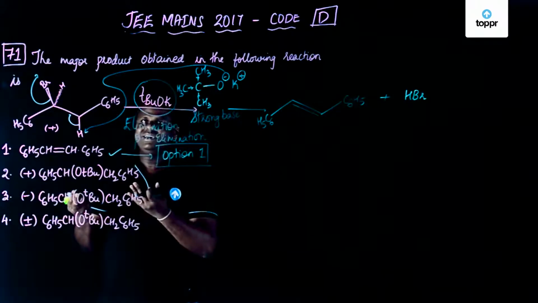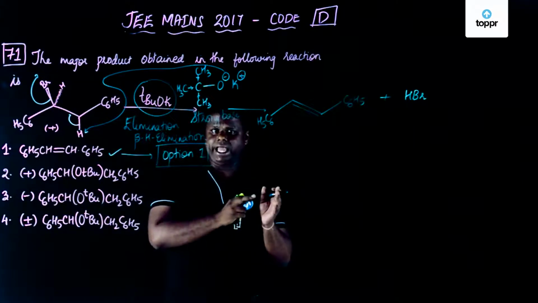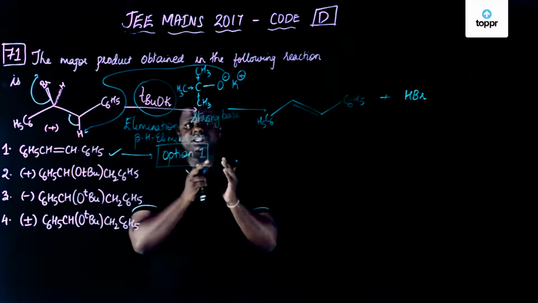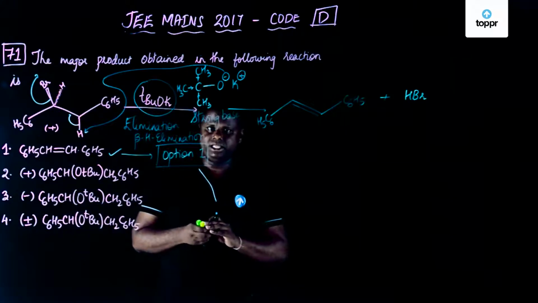This basically deals with the carbocation mechanism, if you make the mistake of treating this like an SN1 pathway.